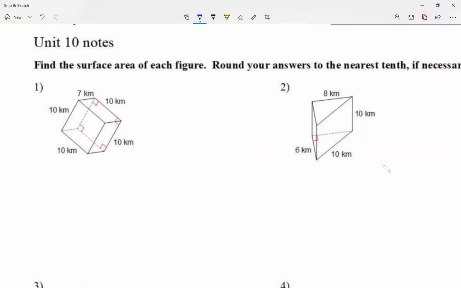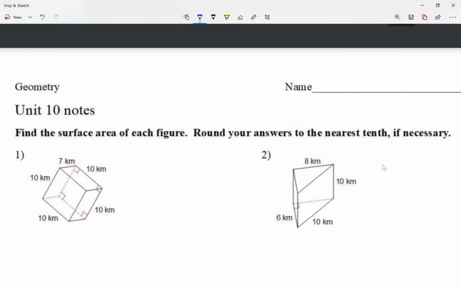Now, let me talk about a prism. A prism is kind of like a room. If you think of a room, the walls are going to be rectangles, but then there are also going to be two bases, one on the top and one at the bottom. The bases are going to be exactly the same.